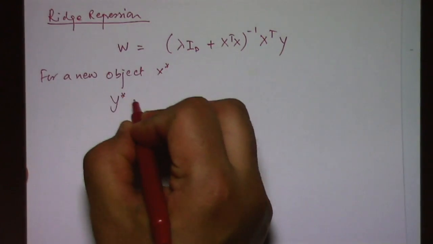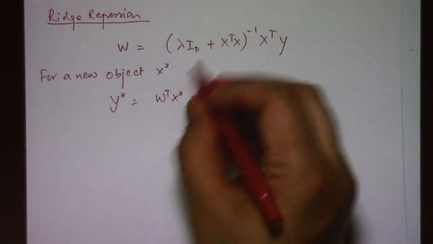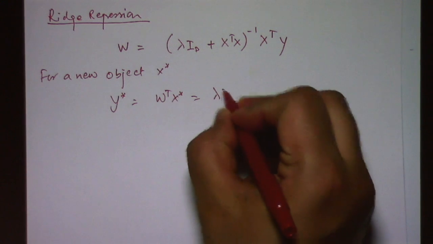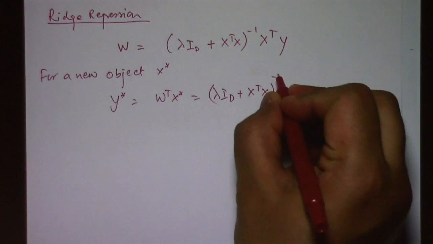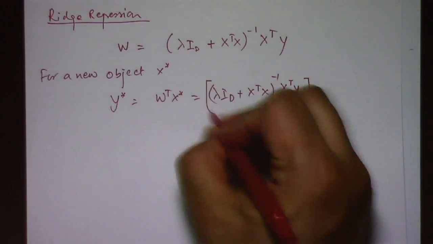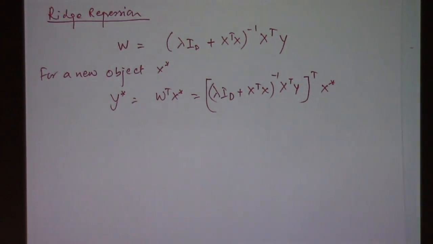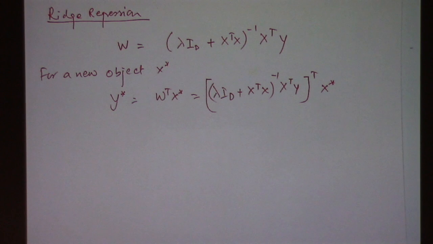The prediction y star is going to be W transpose x star. So if I replace W here, it will look like this, with Y transpose and x star, which means that I still need the data to be a vector. If it's not, then you can't apply it.